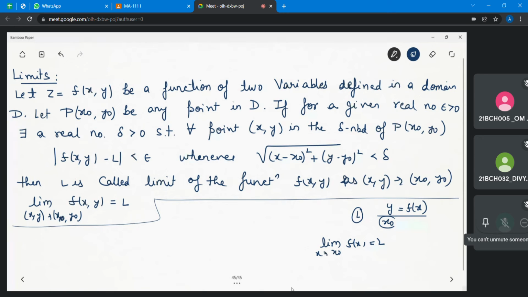Let us suppose x naught is any point on this real line. How in general do you calculate the limit of this function? You calculate its left hand limit, x naught minus, or you calculate the right hand limit, x naught plus. If both the limits exist and are the same, then you say that the limit of this function f(x) at x naught exists, and let us suppose this is equal to L.